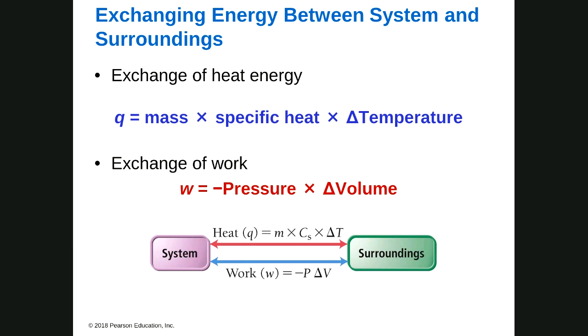What I mean is, the heat is Q, mass times C sub S times delta T, and you can go back and forth between the system and the surroundings. Work is going to be the negative of the pressure times the change in volume. Remember we said that the overall internal energy is equal to Q plus W, so it's the heat plus the work.